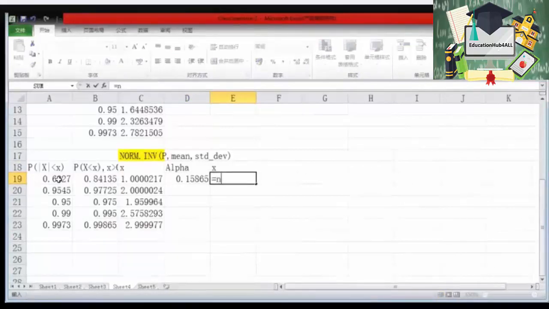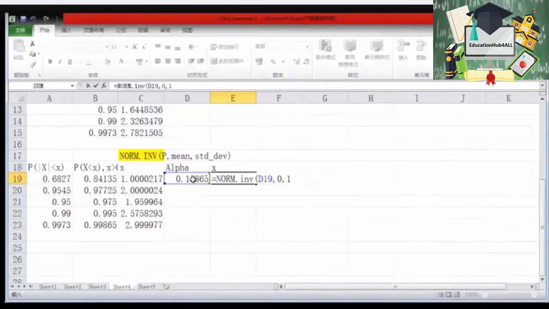I use the normal distribution, no, I use the inverse. You see here it asks you to input the probability, the mean of the distribution 0, and the variance. Remember, Excel asks for the standard deviation, so if you have the variance, you need to take the square root.